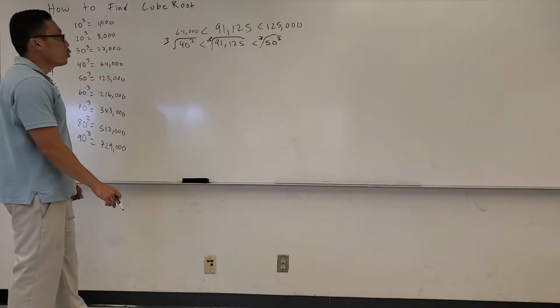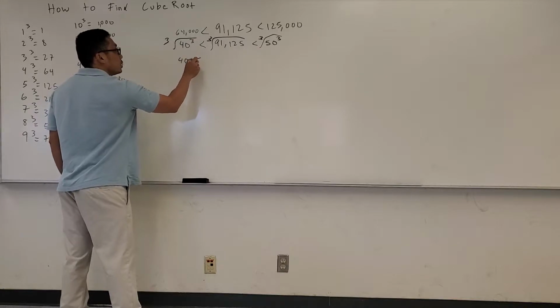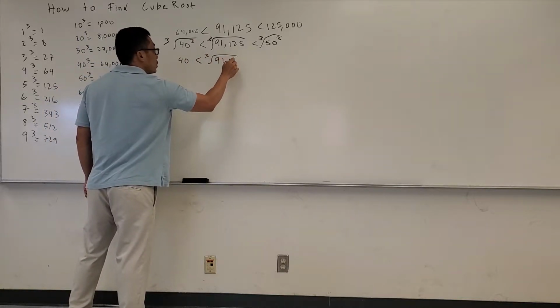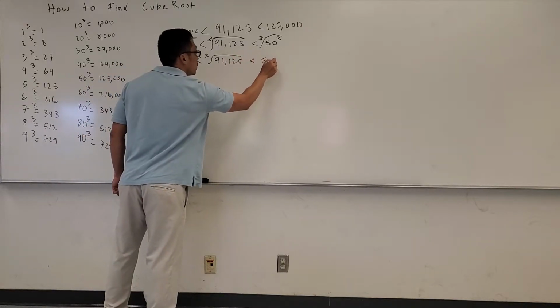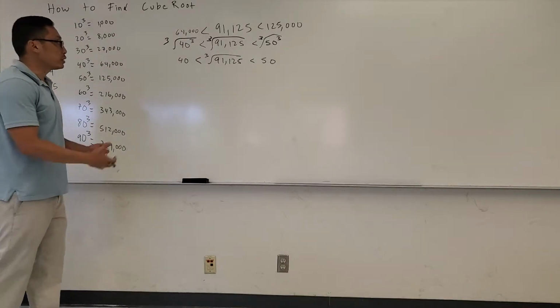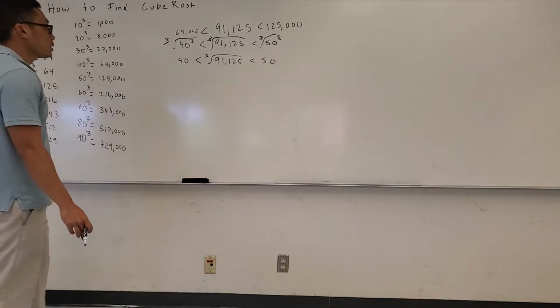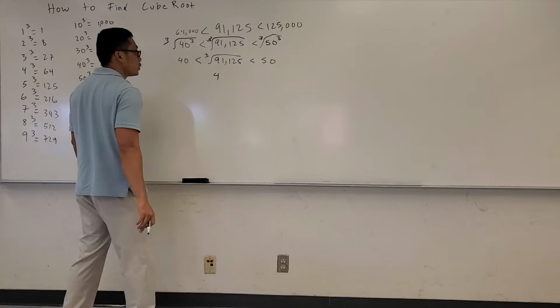Now if I do that, this will be 40, this one stays the same for now, and this one will be 50, right? So right away you can get an idea where this number will lie. So what's the cube root of this? You gotta know it's between 40 and 50, so it has to be a 4, the first digit.